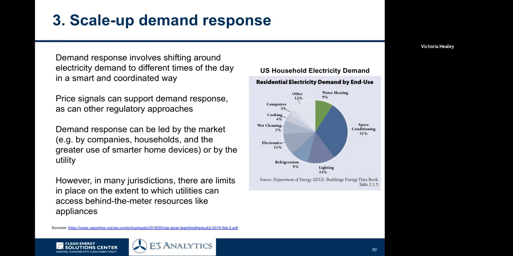So for example, refrigeration loads and water heating loads, residential water heaters and commercial water heaters can be effectively dispatched and controlled remotely without significantly impacting customer experience. So in other words, homeowners wouldn't even notice that the water heater is being tweaked up or down at a given hour of the day.